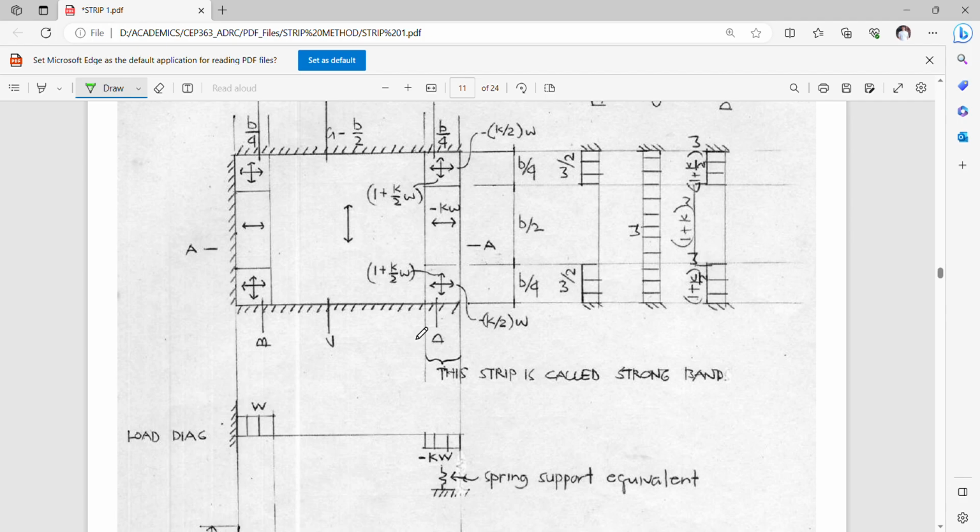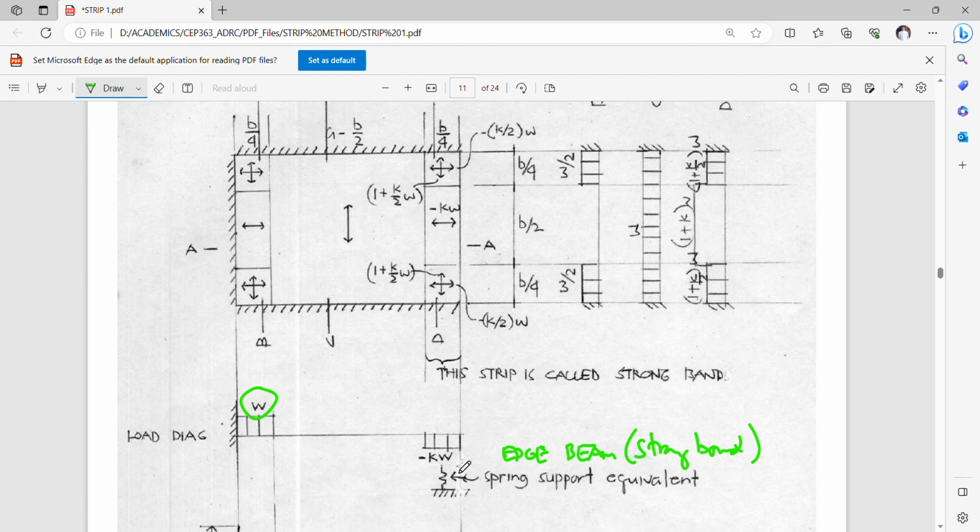Okay, so for your load diagram on strip AA, definitely we have here this full load W and a minus KW spring support edge beam support, which is again a strong band similar to the strong band that I discussed to you on the unsupported long edges.